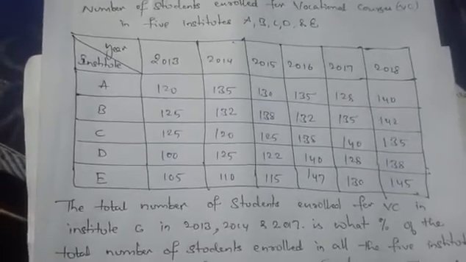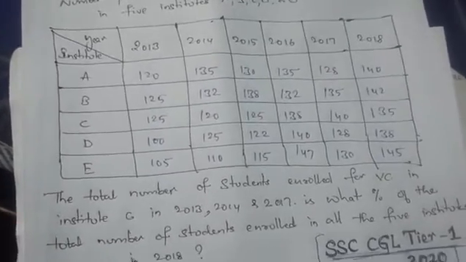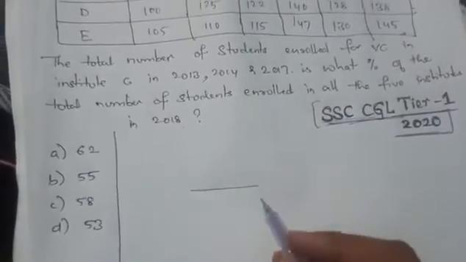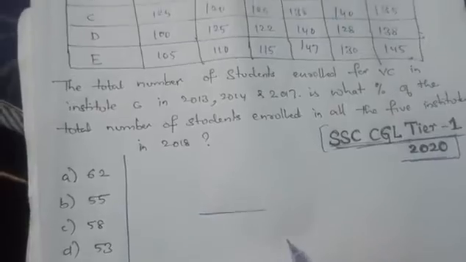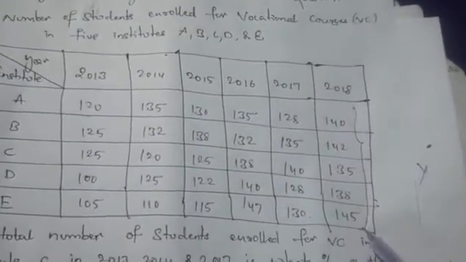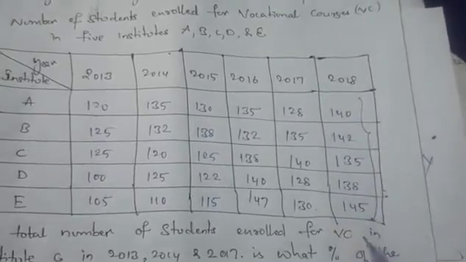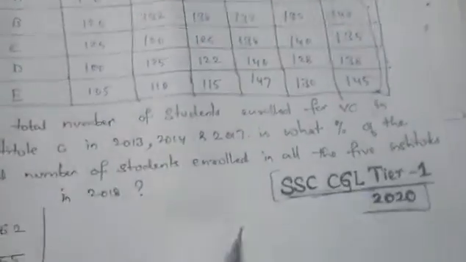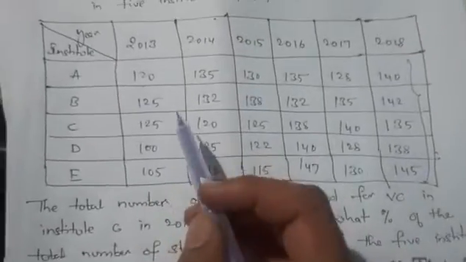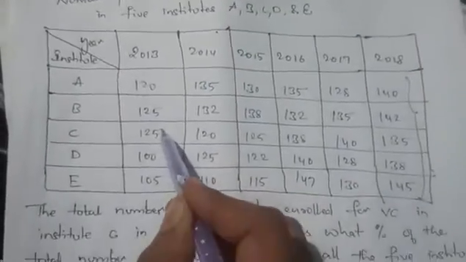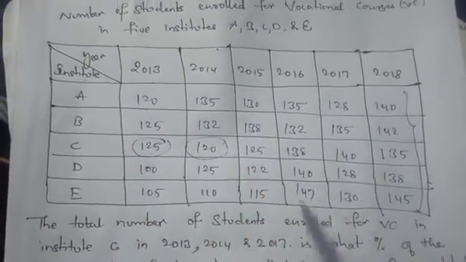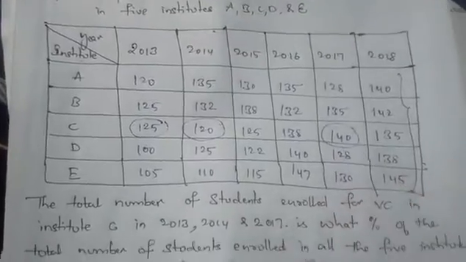They are asking us to find the percentage, right? First you must know what should come in the denominator. Of course, in the denominator we have to consider all the 5 values of these. And for Institute C, considering only 13, 14 and 17, only these 3 values go in the numerator.